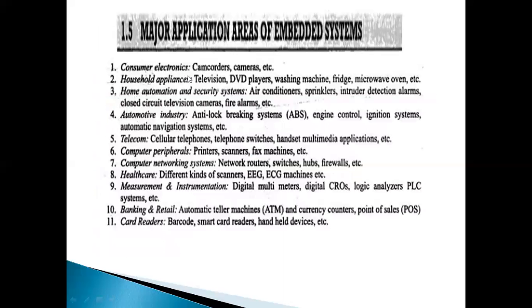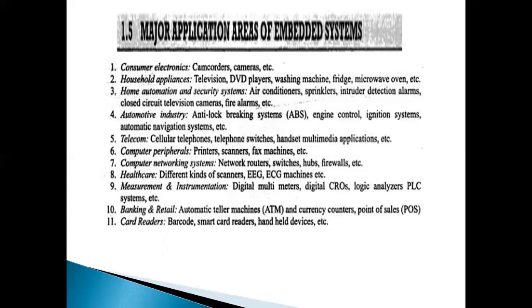Now the major application areas of embedded systems. Application areas involve consumer electronics, meaning your cameras and household appliances like television, DVD players, washing machines, fridge, microwave oven.